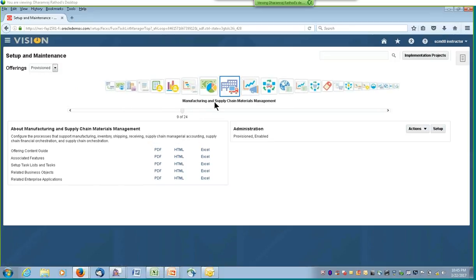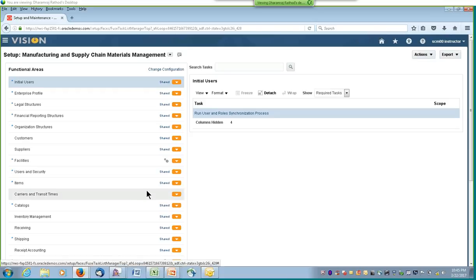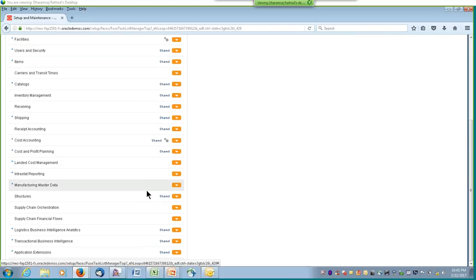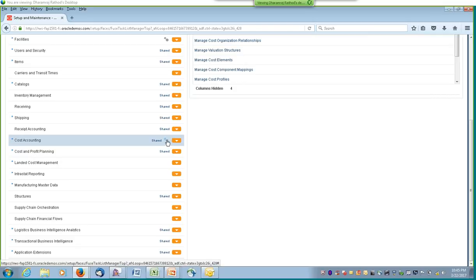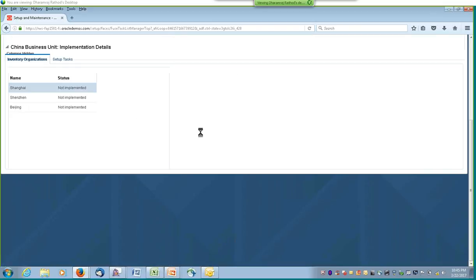This is the manufacturing and supply chain materials management, and go over setups, and down below you would see cost accounting. Under cost accounting there is a gear icon. You click on this icon, and it will take you to quick setup.